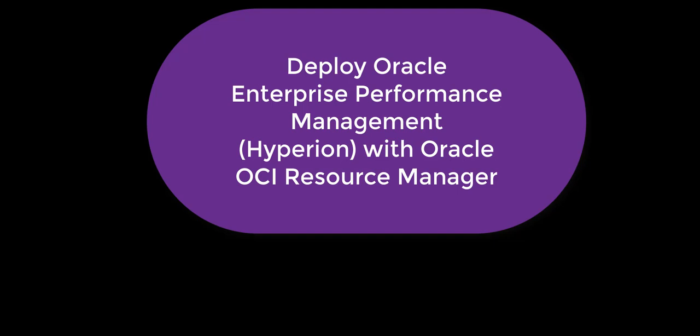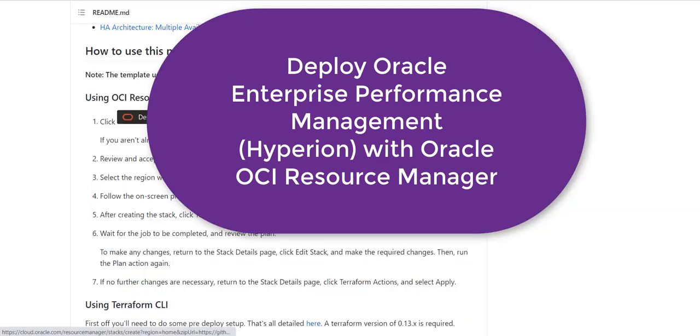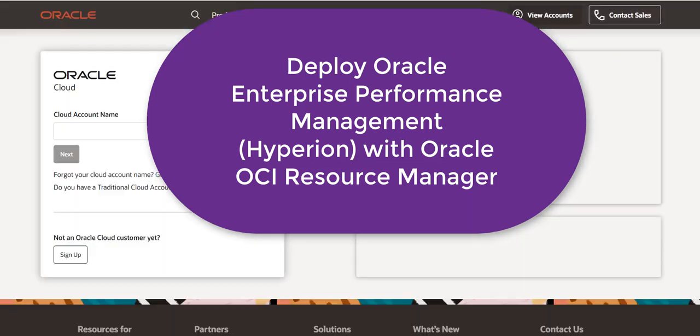It will create all the infrastructure required, like Bastion server, web server, application server, database server, and even a database, and all the route tables, security lists and everything. Definitely you need to install the actual Hyperion stack, which we will do in the next video. So in this one, let's start.